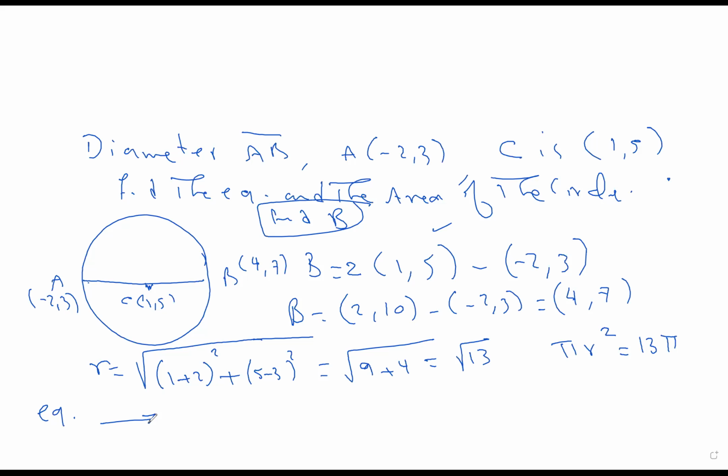It will be x minus 1 all power of 2 plus y minus 5 all power of 2 equals square root 13 power of 2, which is 13.